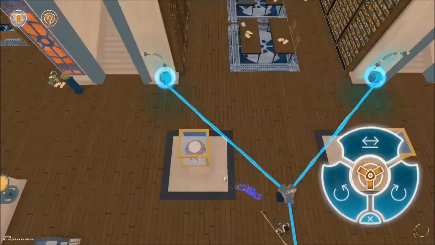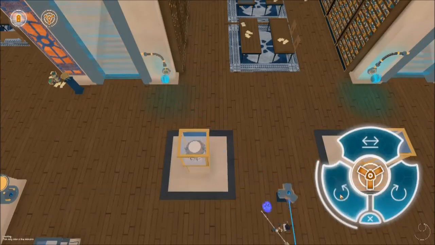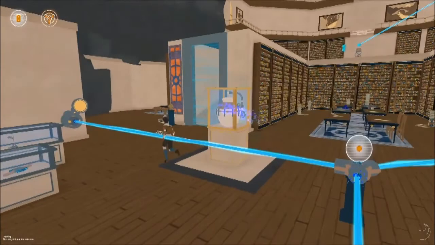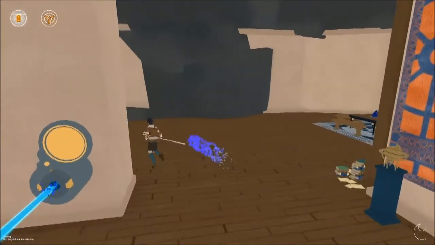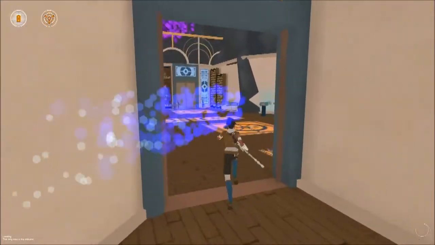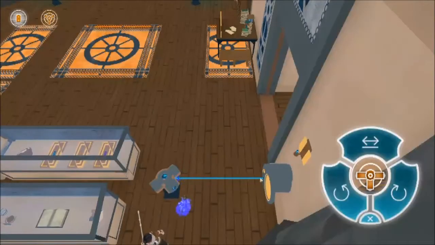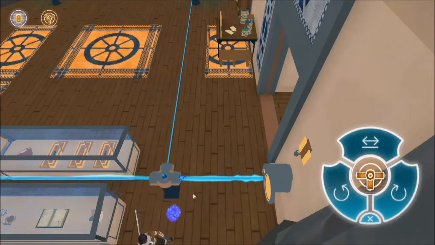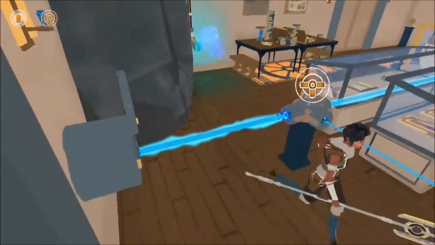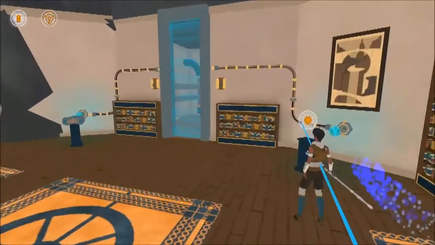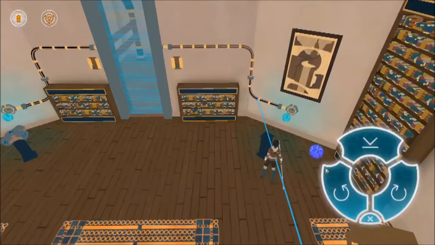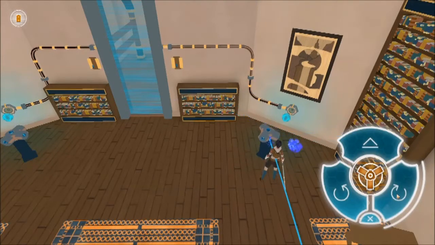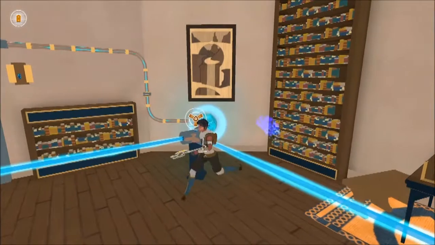Actually, let's see if we can rearrange this so that it's sending it. Yeah, that'll work. There we go. So we are sending the light through. We can do it like that, because then there's this one, which we can place down there, like so.